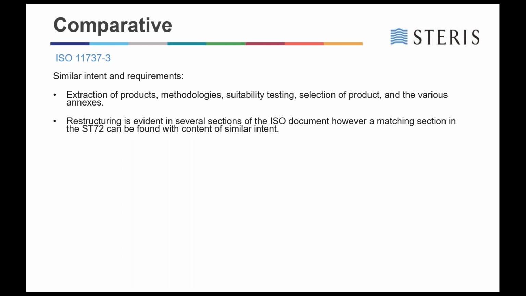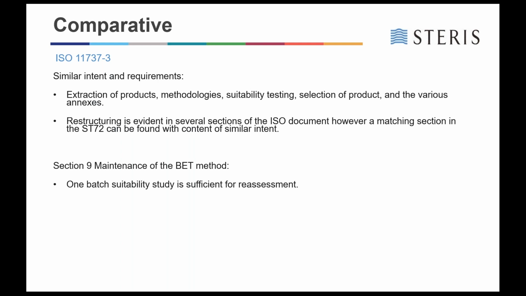We see the selection of product and the similarities there. And even within the various annexes, there's either direct alignment or there's very close verbiage that's being used. We do see that restructuring is evident in many of the sections to align to ISO documentation. However, a matching section can be found within the standard 72 with similar content and a similar intent as what we're finding in the ISO document.